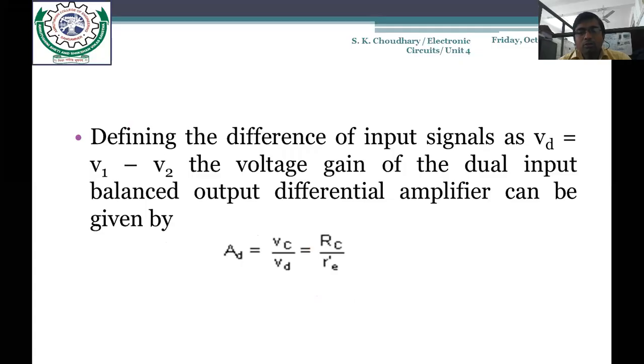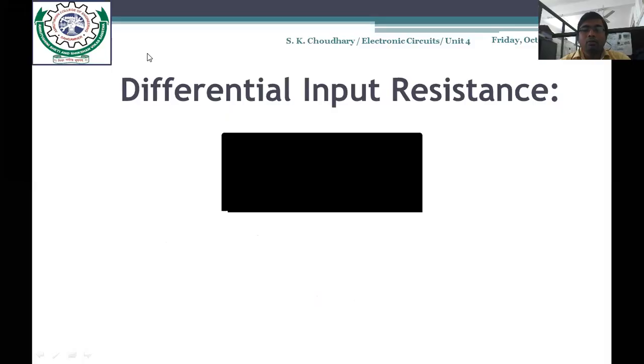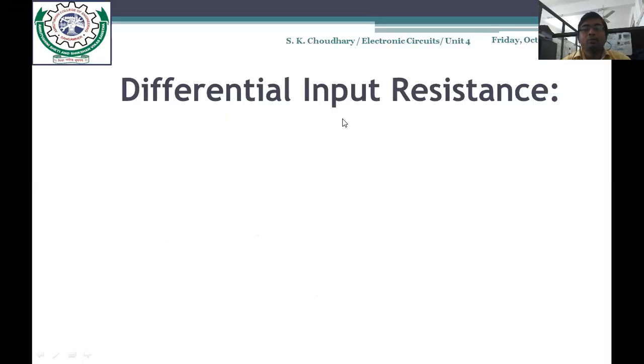Now we will learn how to find the differential input resistance of this configuration.